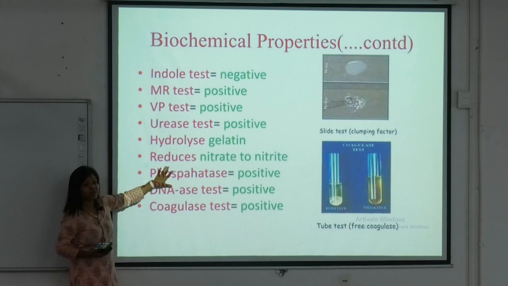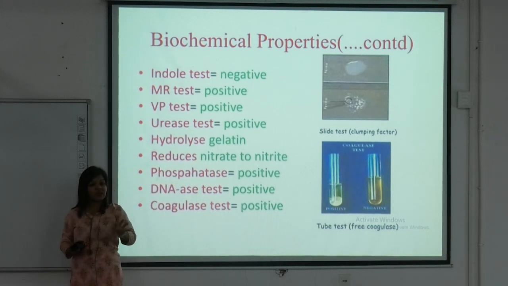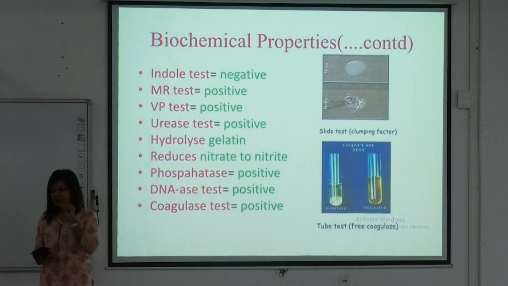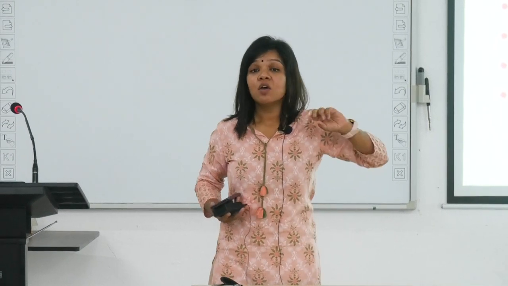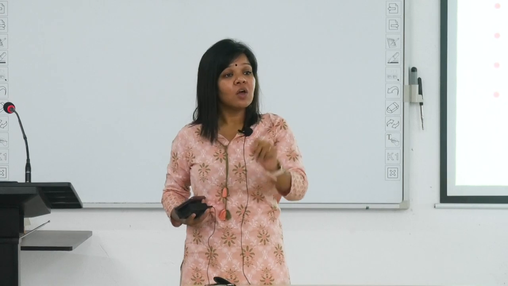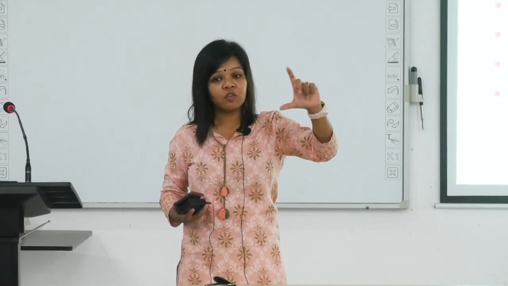Which tests are positive? This is very tedious, I know. Things you have to remember, these things you have to mug up. These points of lab diagnosis are very important. Go back to your room today, for coagulase test and lab diagnosis, make a small chart of which biochemical reactions are positive and which are negative.